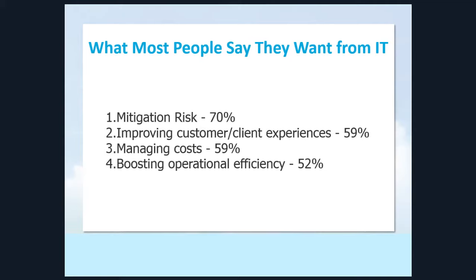Now that doesn't change ultimately the work that IT does. IT will always be focused on fixing computers, maintaining systems, helping end users, ensuring things are backed up, applying the newest, latest, and greatest technology, but they need to understand where those items align with what the business's focus and outcomes are.